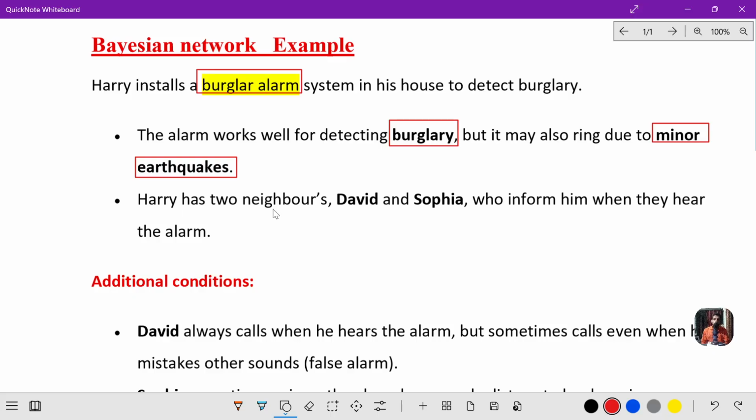Harry has two neighbors, David and Sophia, who inform him when they hear the alarm. So when they hear the alarm, they inform Mr. Harry.